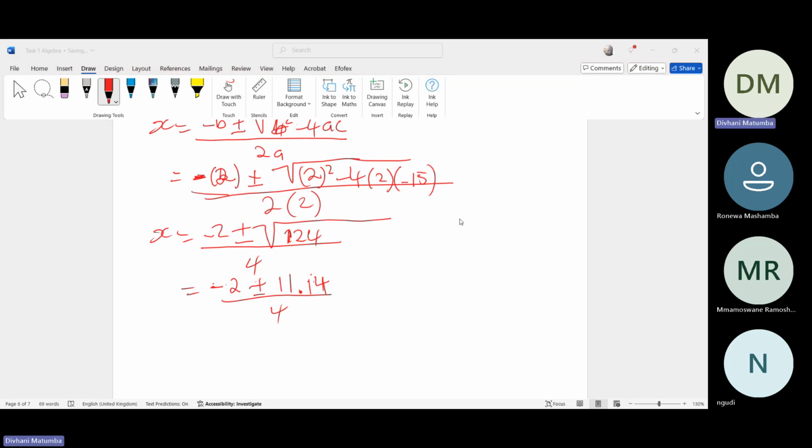We will have two solutions. Why do I say so? Because we have a plus or a minus. Okay, x equals minus 2 plus 11.14 divided by 4, or x is equal to minus 2 minus 11.14 all over 4.